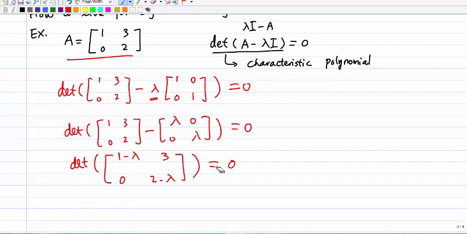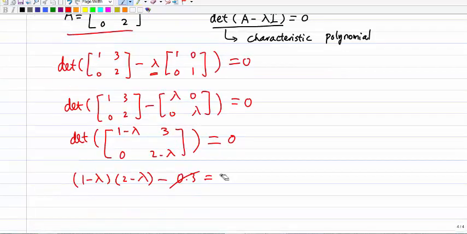The determinant of a 2 by 2 matrix is the product of the diagonal entries minus the product of the off-diagonal entries, which is 0 times 3, so that is 0 and will be gone. So it is 1 minus lambda times 2 minus lambda equals 0. The solution is lambda 1 is 1 and lambda 2 is 2.